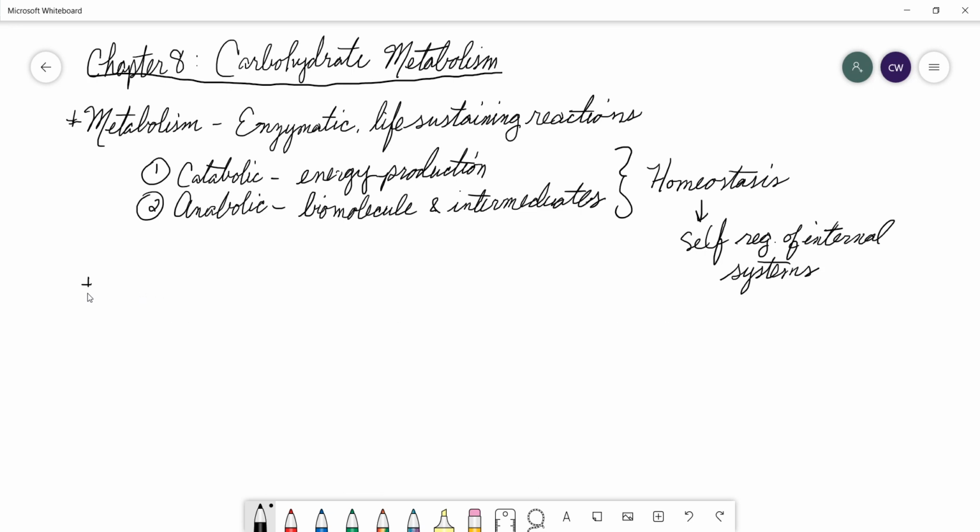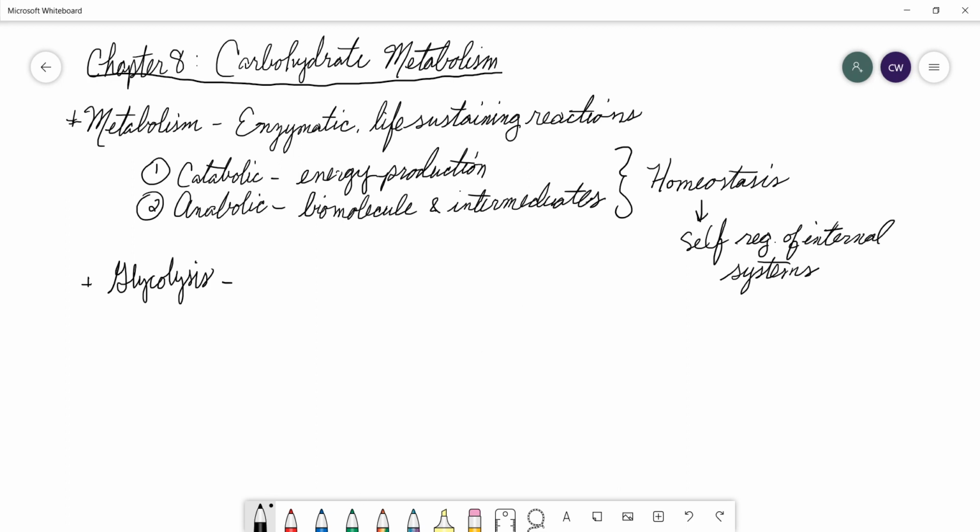We are going to start off by focusing on glycolysis. Glycolysis takes place in almost every living cell. It's probably one of the oldest pathways in biochemistry, and both prokaryotic and eukaryotic cells have exhibited high conservation in the number of steps involved and the enzymes involved in the glycolysis pathway.